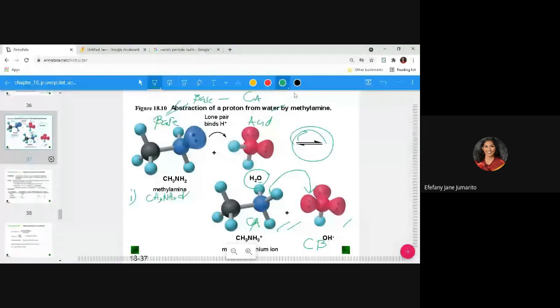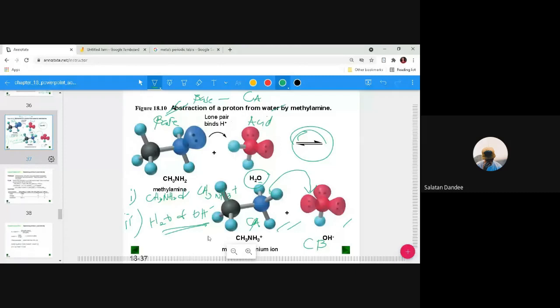So if we have this base and this conjugate acid, we have CH3NH2 and CH3NH3 plus. And the second pair will be your H2O and OH minus.